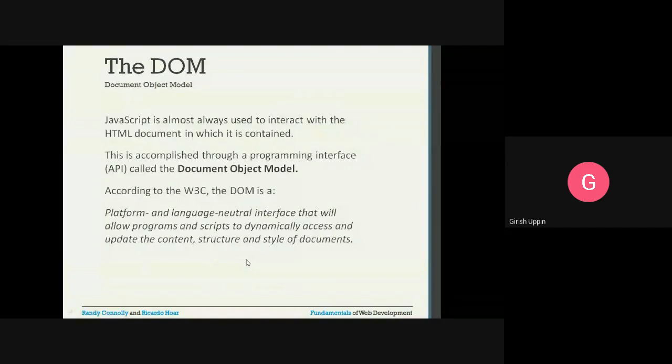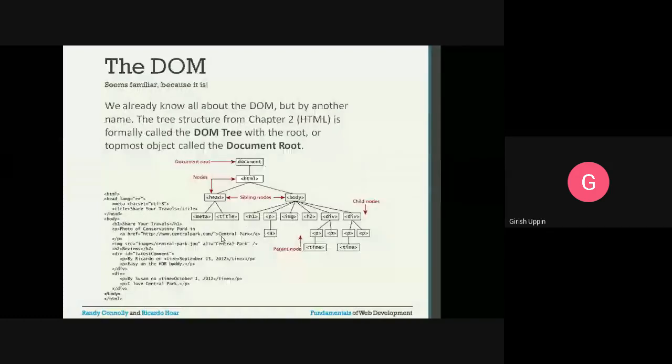These are the three important aspects of an HTML document: the content, the structure and the style. So all these things can be dynamically accessed, and they can be modified by all the programs and scripts that we have. If you are already aware of the DOM tree, that DOM tree is actually the representation of the DOM, and the root of that structure is the document. Document is the root element, and inside the document we have the complete HTML structure. This is the HTML document we have.